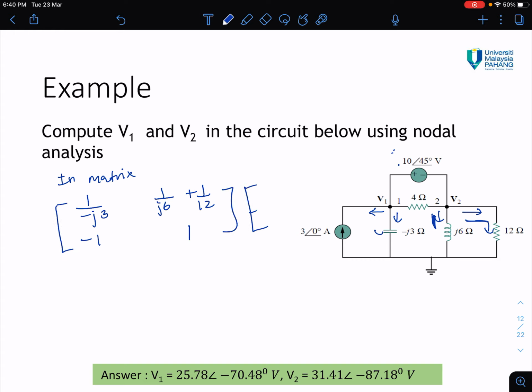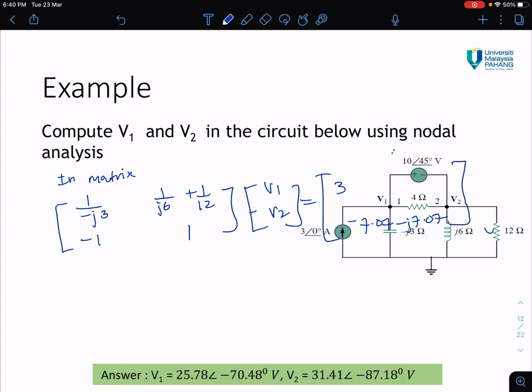Here is V1, V2 equals 3, and then, so messy, here is minus 7.07 minus j7.07.